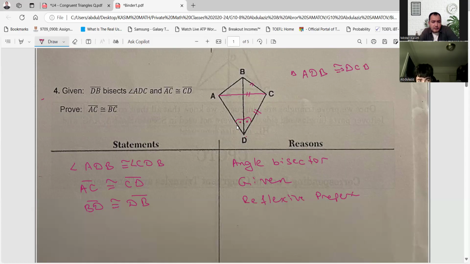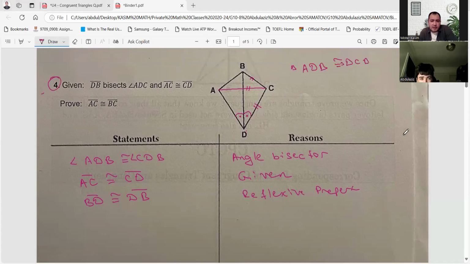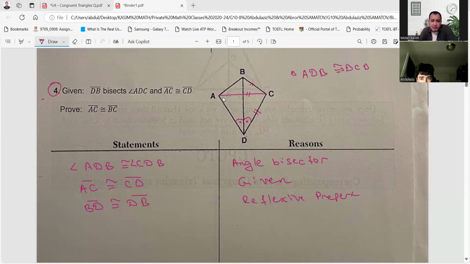Angle, angle. Anyway, I'll see this later, okay? Maybe something is missing. Abdulaziz, let me not spend too much time on this. To be able to show AC is congruent to BC, we would have to show that ACB is congruent to ACD, then AB is congruent to AD, and BC is congruent to AC.